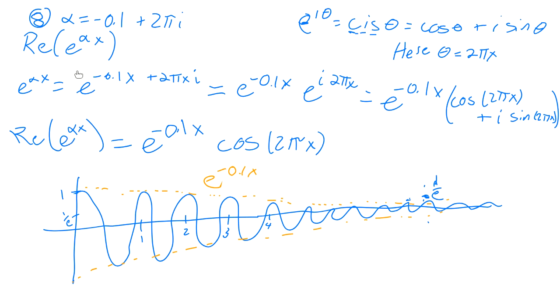And the imaginary part gives us an oscillation. So we can capture both behaviors. We're going to start out with things that are either imaginary or real, but pretty soon we're going to get into situations where we're mixing the imaginary and real together in our exponents.